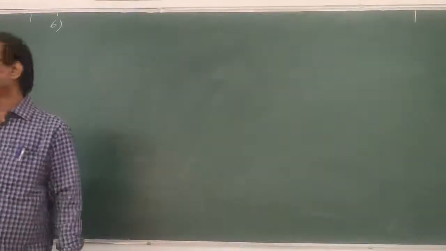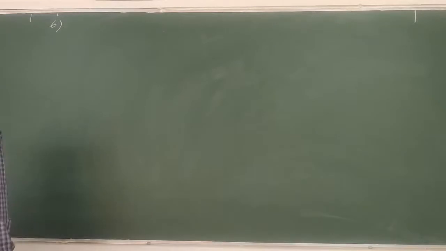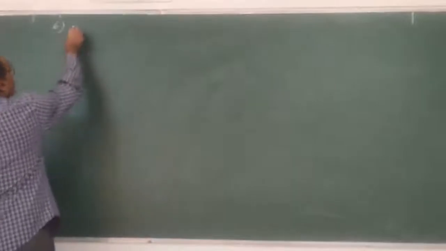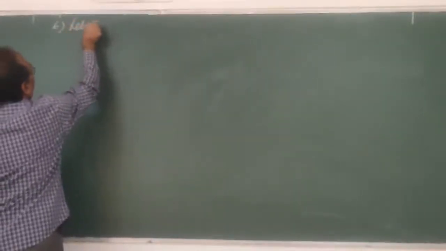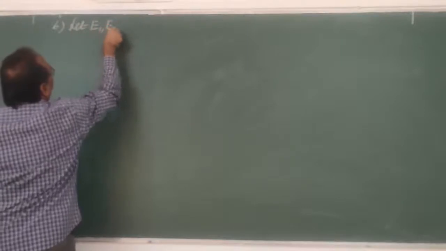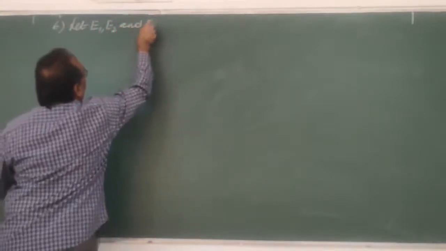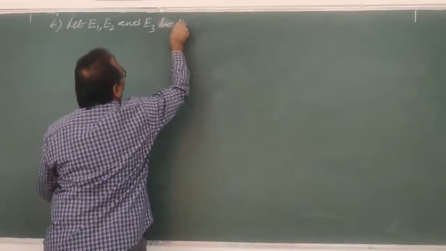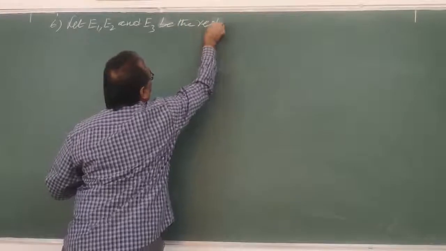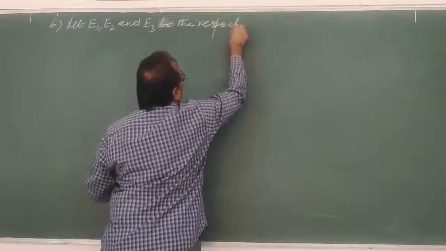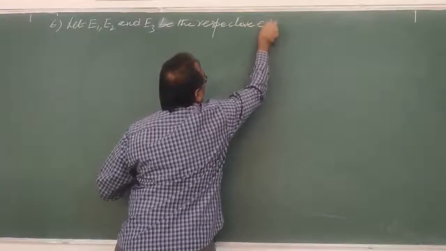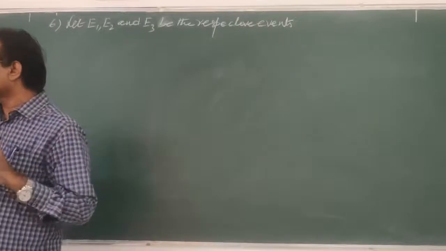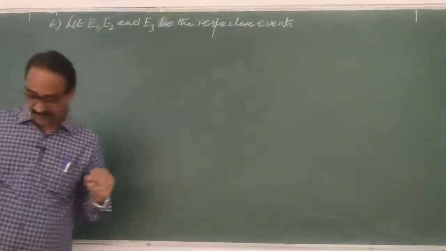Now, how will we write? Let E1, E2 and E3 be the respective events of choosing.